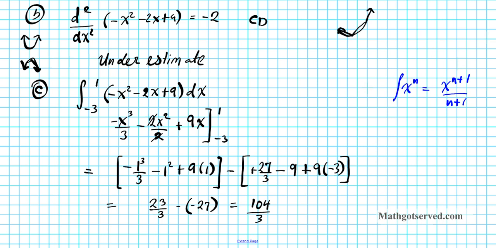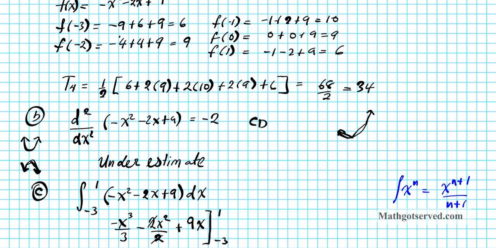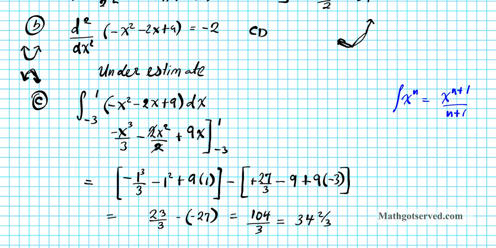If you wanted to write this as a mixed number, this is equal to 34 and 2/3. So this is the exact answer. You notice that the other answer we got, 34, is smaller than this, so that's consistent with our prediction that our result is an underestimate.